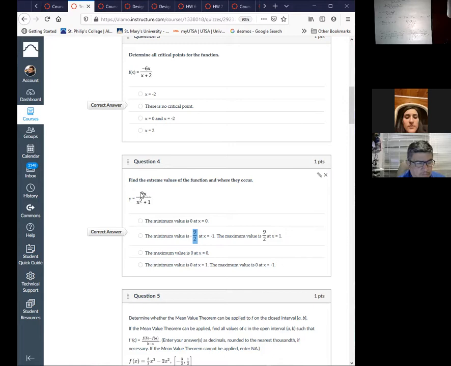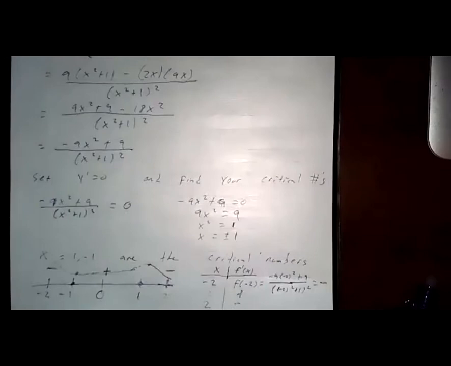Just plug in the x values. But once you know what they are, you can technically choose the answer already, right? But we should show our work either way. Is it clear on how you get this right here? Yes. Are there any questions on any of the steps here?